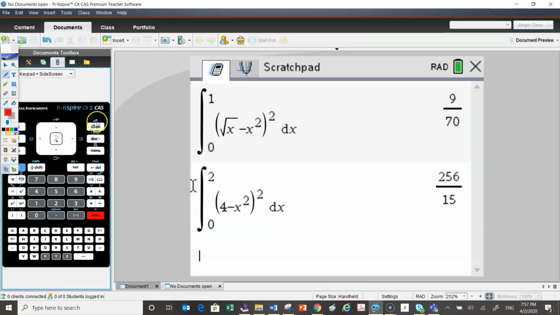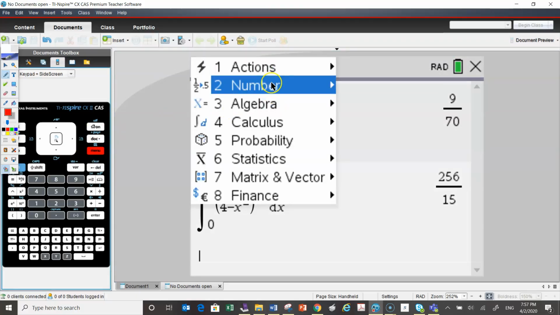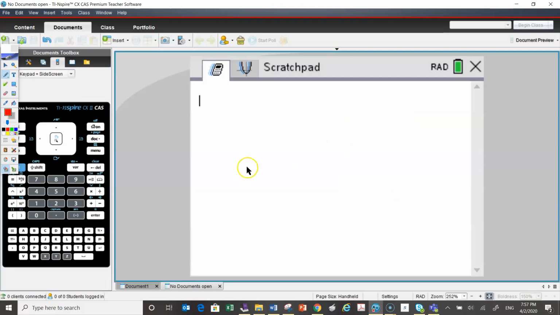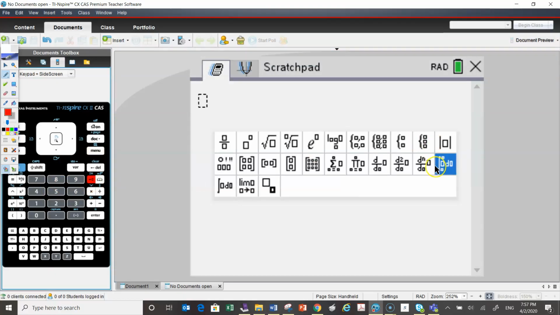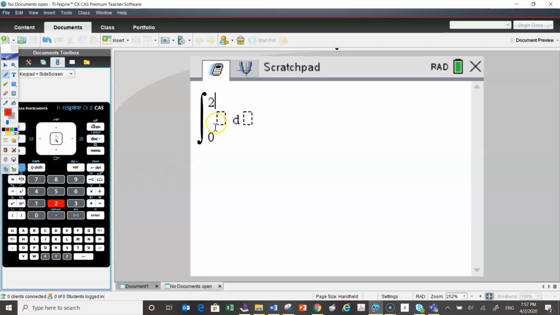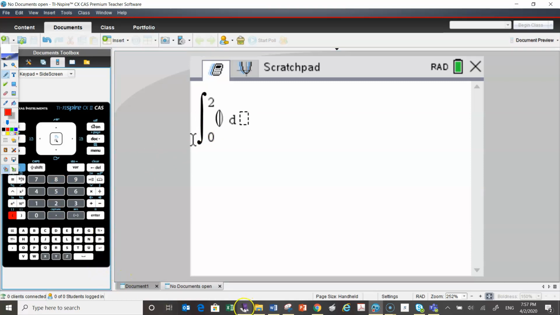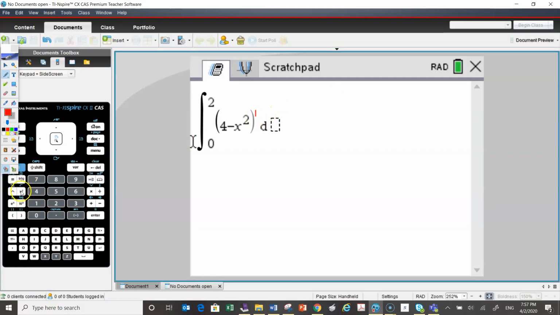So I'm just going to clear some of this stuff out of here. And we want the definite integral. Again, we're going from 0 to 2. And it was, in brackets, 4 minus x squared, all squared, with respect to x.